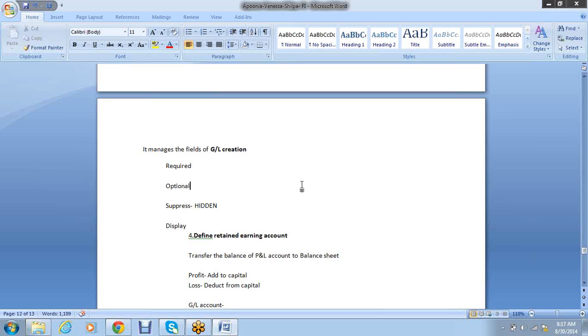Let me just repeat. The field status variant is assigned to the company code, and the field status group is assigned to your GL account, which controls the postings. But GL posting, only GL posting, remember, not customer, vendor or asset or anything.